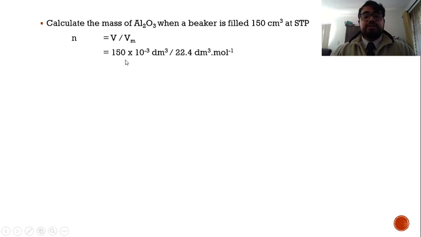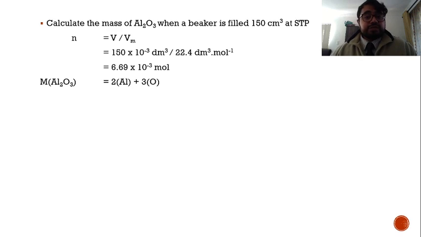And we're dividing this 150 times 10 to the minus 3 by 22.4 decimeter cube per mole, which is our molar volume at STP. We're going to get an answer of 6.69 times 10 to the minus 3 mole. You can leave it in scientific notation or put it in decimal notation. It doesn't really matter as long as you get the right answer. So that is our mole.